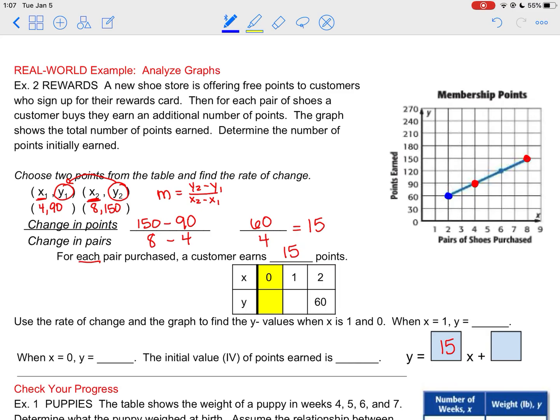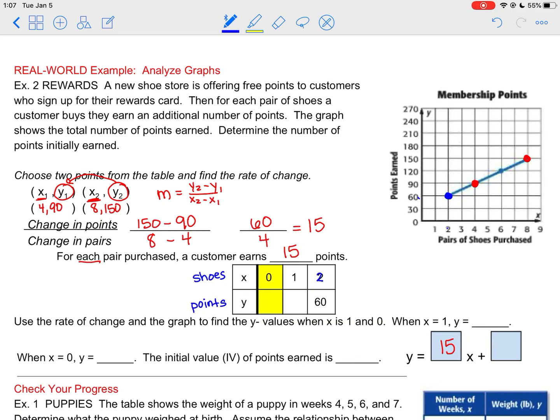So to find the initial value, if I take the first point that's shown on the graph, which is at 2, 60, I'm going to use this rate of change to walk my way back to where x is 0. So that would represent 0 shoes purchased, and the number that is left over is going to be the initial amount of points that you can earn.